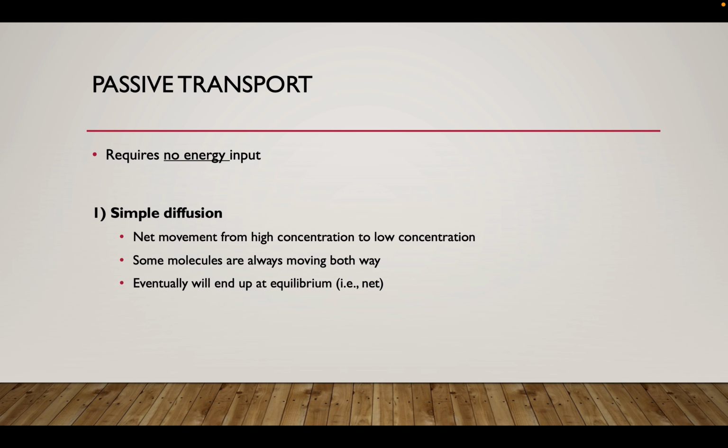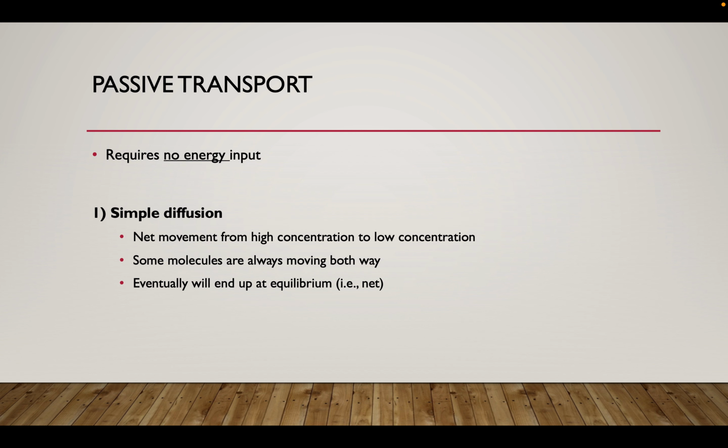So, passive transport. Our first example, like I said, no energy required, completely free of energy. Simple diffusion. This is simply things moving from high to low. We don't require any type of protein to help us get there. We're just moving down.